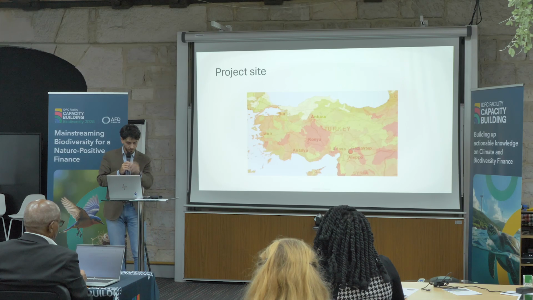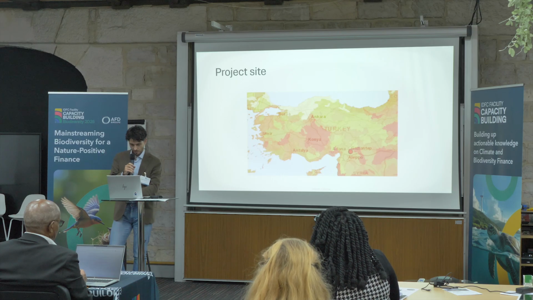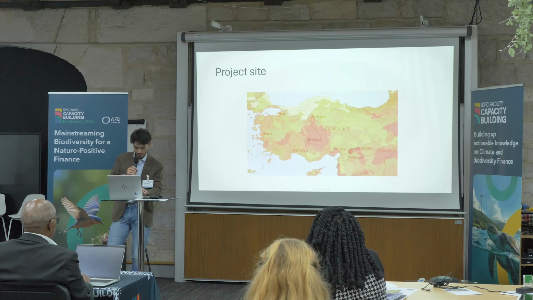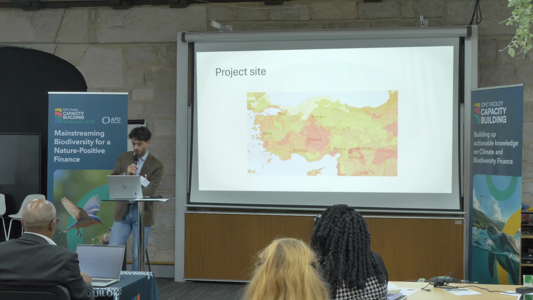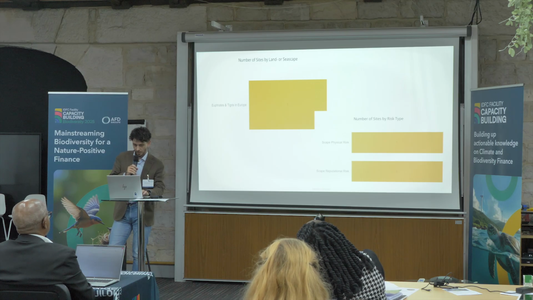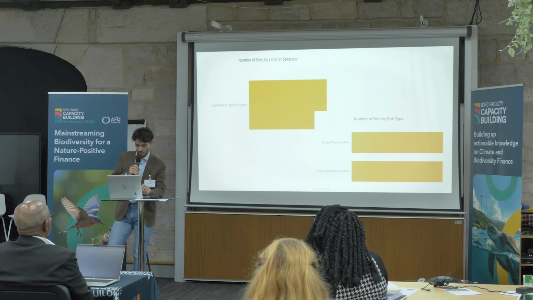So this is an overview of the project site. As you can see, it falls under the dark orange sector, so the WWF risk category is medium for both physical and reputational risk.